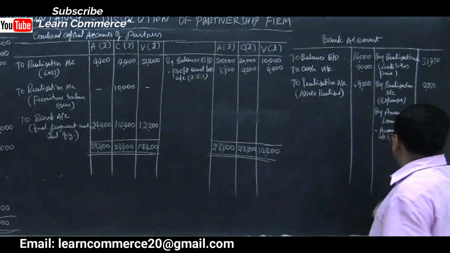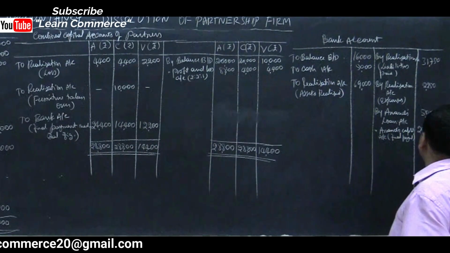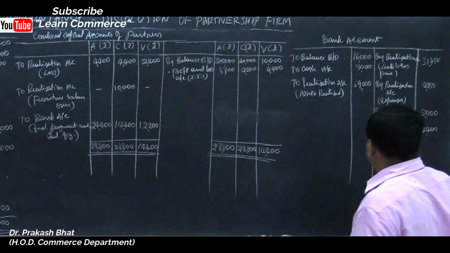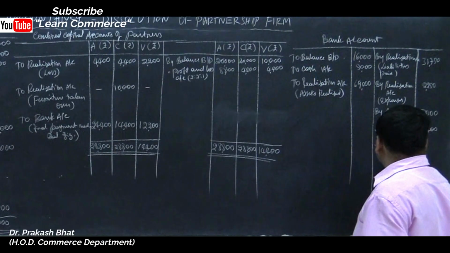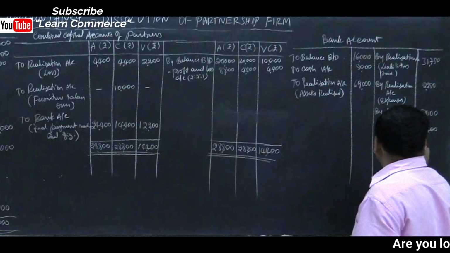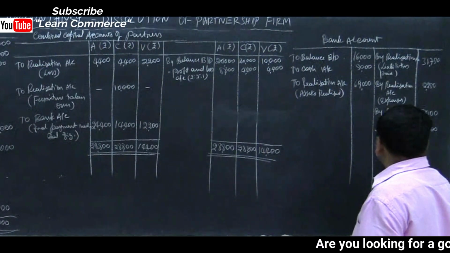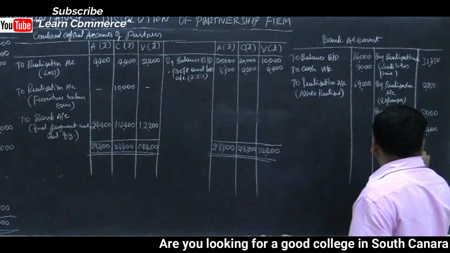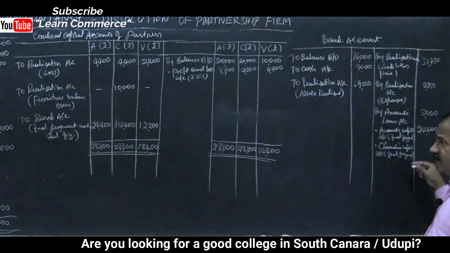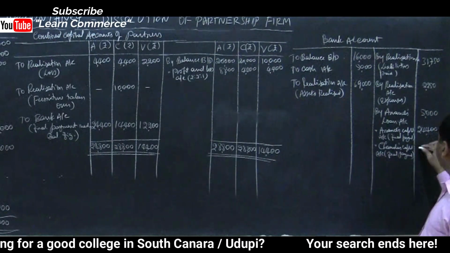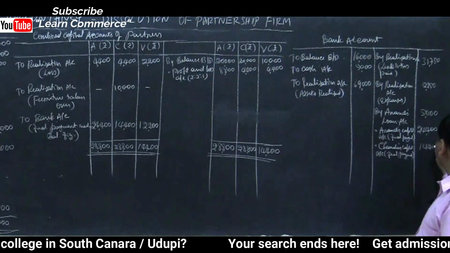Write the amount 24,400. By Chandu's capital account, final payment. How much? Same amount, 24,400. No, 14,400, I'm sorry. 14,400.